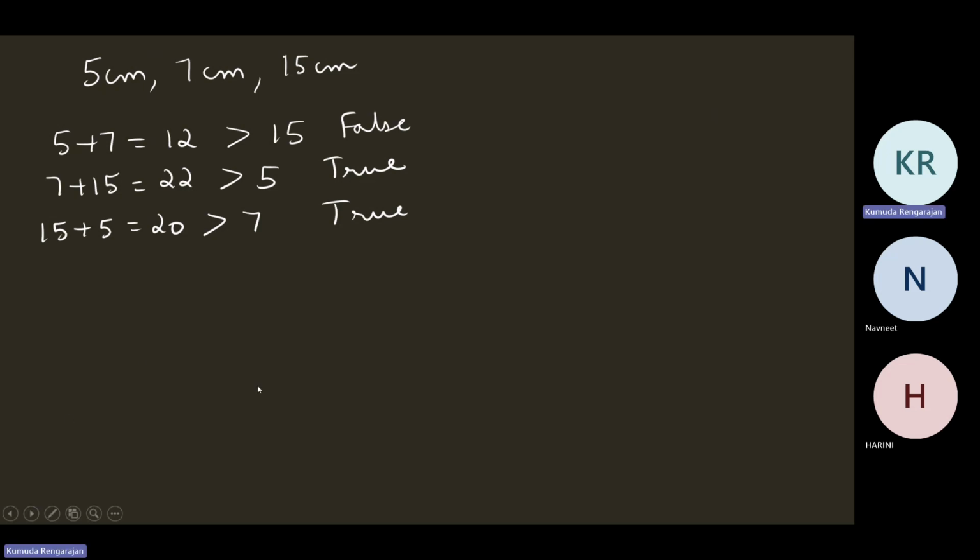Now, there's another property. It's not mentioned in XSEED, but you can know this.